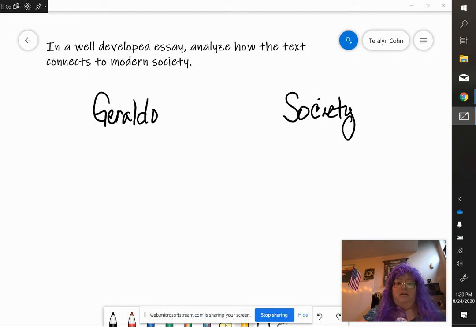Try and get the highlighter here. We're going to analyze, and it's not letting me do this. So if it's okay with you guys, I'm going to mark it with a blue pen and circle it.